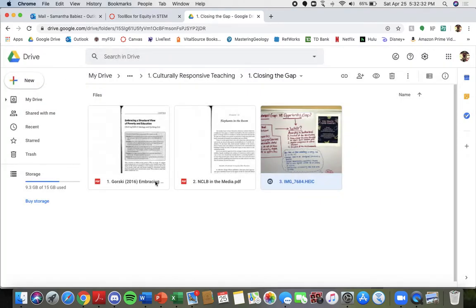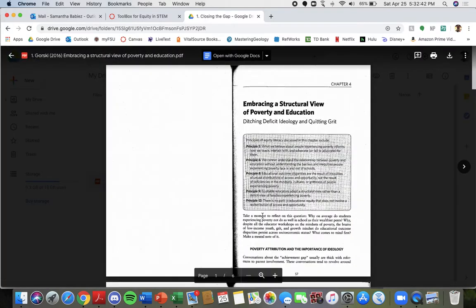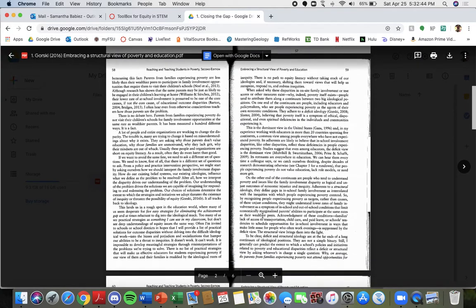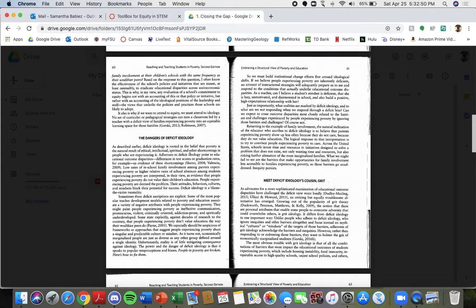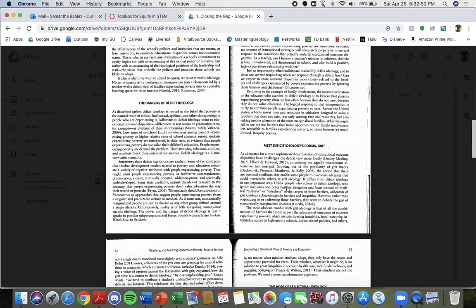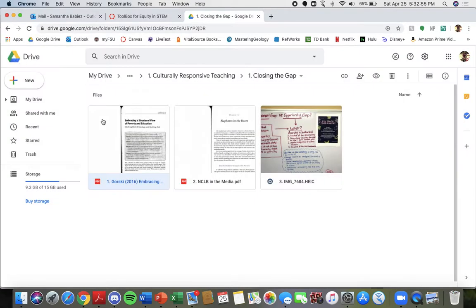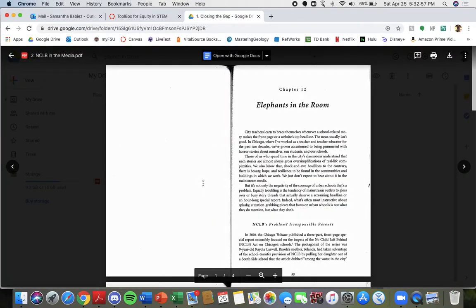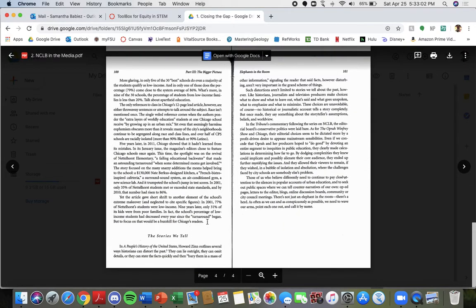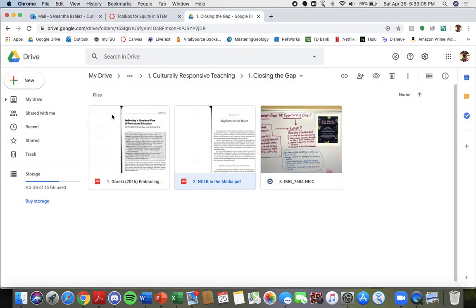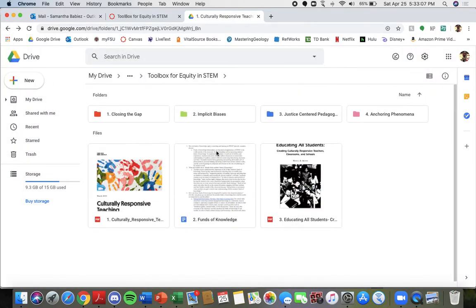And then I have these 2 articles that I can go back to, and when I'm looking at my graphic and reading something maybe I don't understand, I can go back to the articles here and review them so that they're always here, talking about deficit ideology and the structural ideology with Gorski, and then the flaws from the No Child Left Behind Act, and then what Oprah had to say on the subject and all that stuff that was going on in Chicago. So that's what I have in my closing the gap folder.